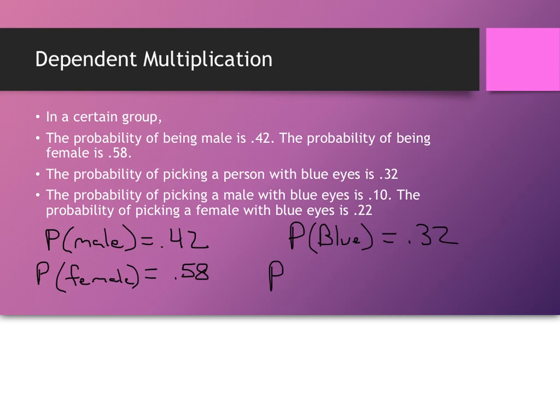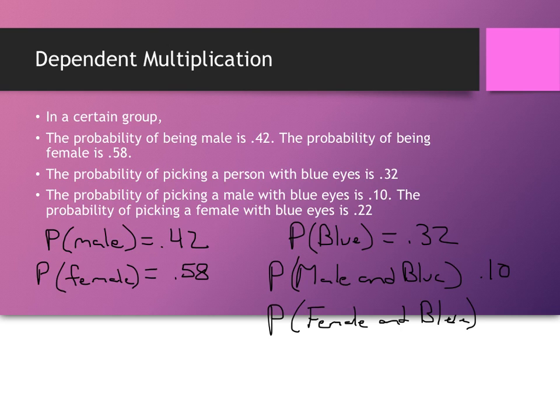Probability of picking a male with blue eyes, so that means male and blue eyes, is 0.10. And the probability of picking a female who has blue eyes is 0.22.